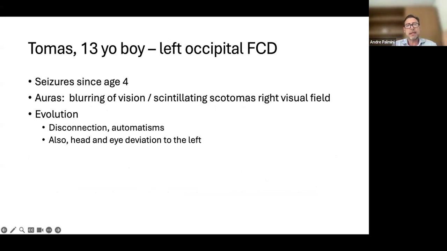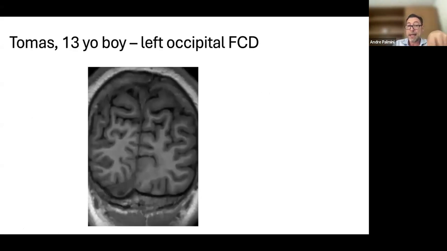The seizures started with an aura, or as blurring of vision, scintillating scotoma in the right visual field. The seizure would evolve into disconnection, automatism, some seizures like that. Other seizures had an eye deviation to the left side, which was ipsilateral to the lesion, and very often suggest parietal involvement. So we had this occipital lesion with some semiology suggesting parietal involvement.